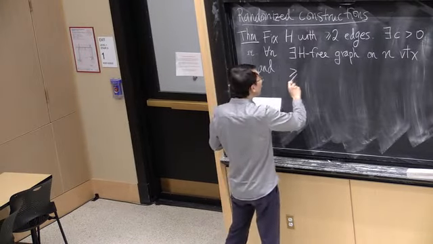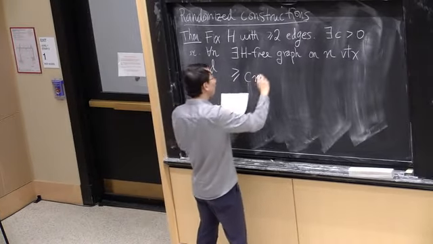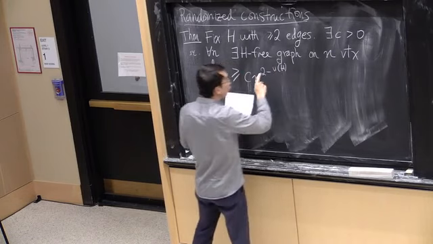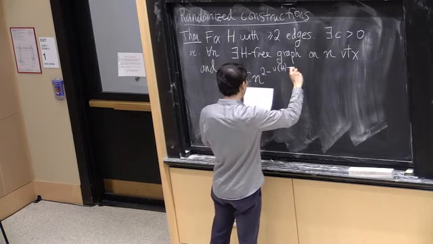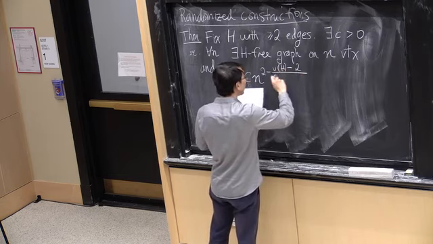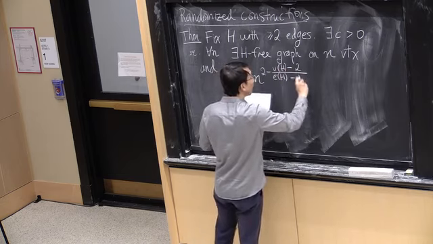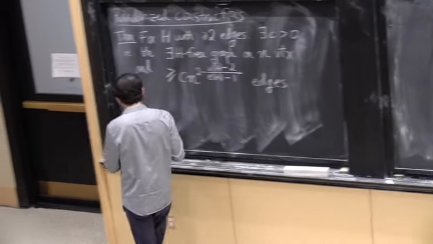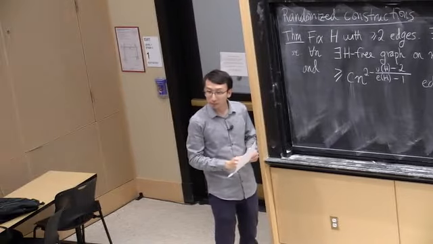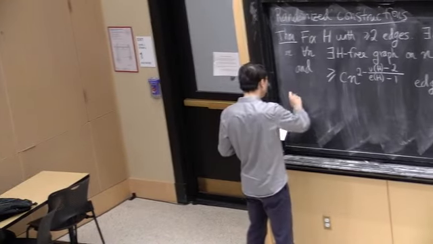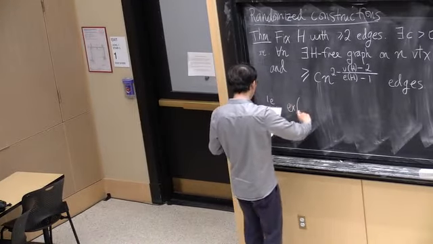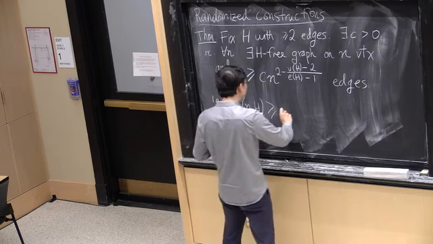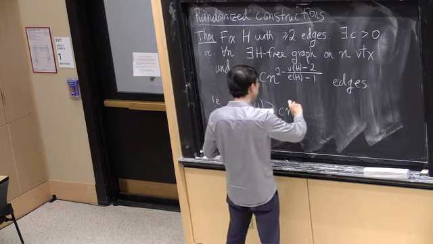We will show that you can obtain the following number of edges: n to the power of 2 minus (the number of vertices of H minus 2) divided by (the number of edges of H minus 1). Don't worry about this expression in the exponent. It will come out of the proof. In other words, the extremal number is at least this quantity here.